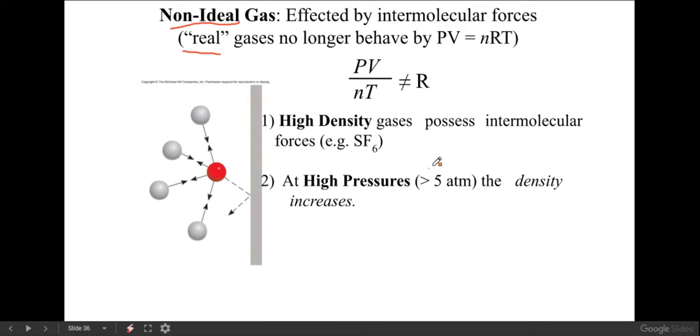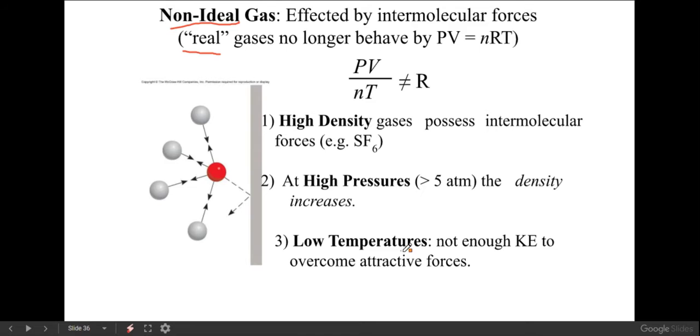Then any gas that, as you increase the pressure, you're increasing the density, it's not going to be ideal. And then low temperatures. So as you're cooling a gas down, remember, eventually it will condense to a liquid, which never obeys gas laws. That's why they're called gas laws.